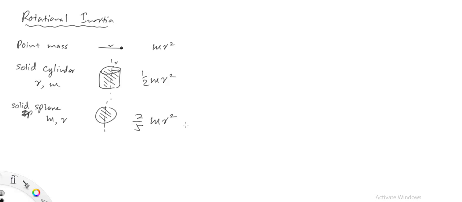Let's look into a hoop, a thin hoop, with mass m and radius r. So it is something like this, right? A thin hoop, around this axis. It's given by m r squared. It's kind of similar to a point particle's equation.